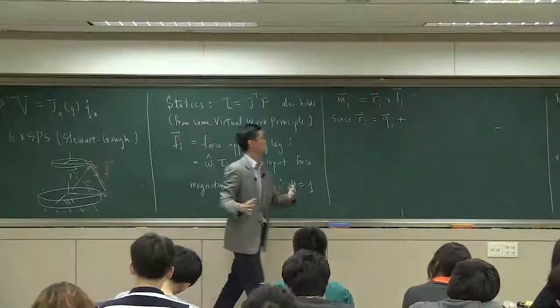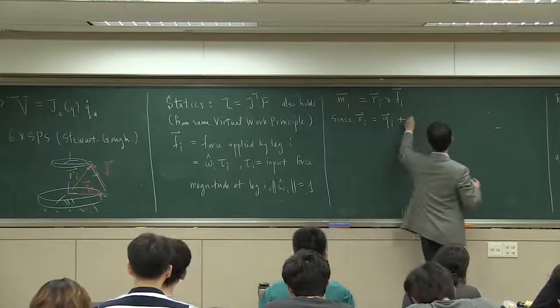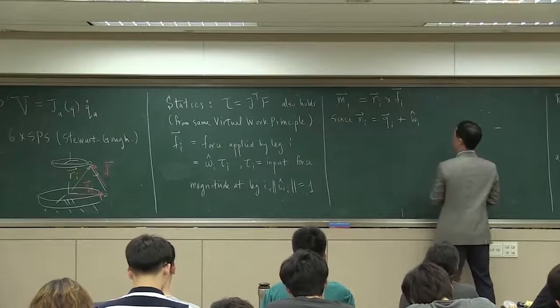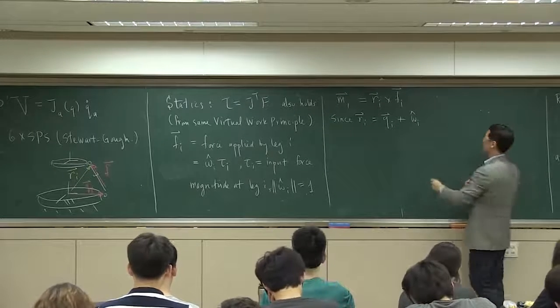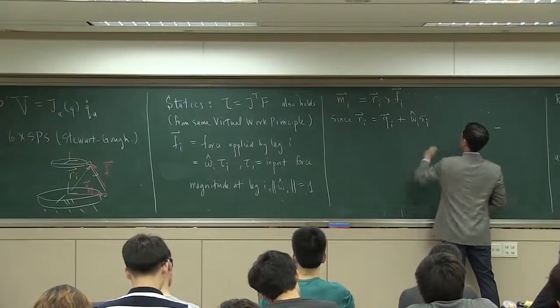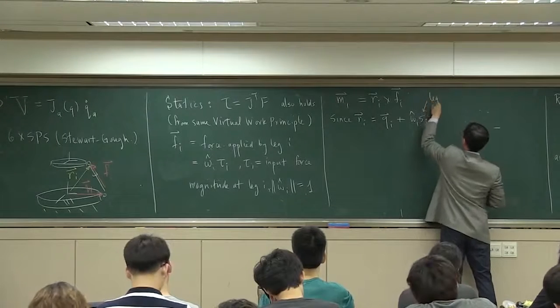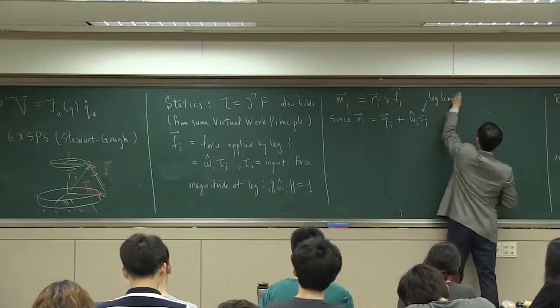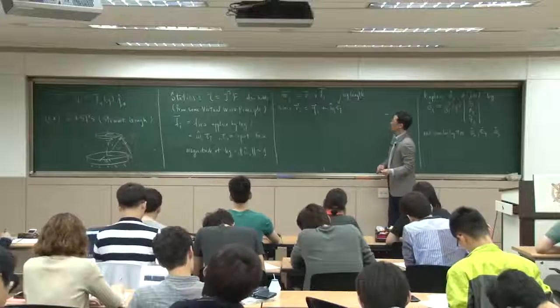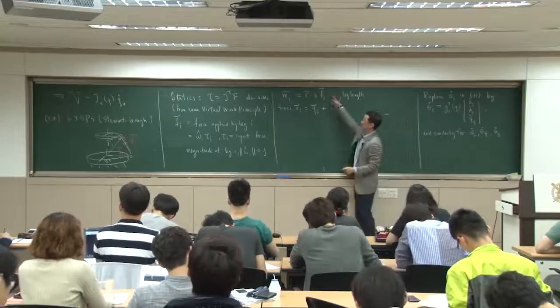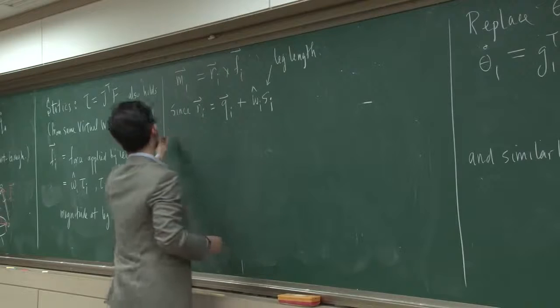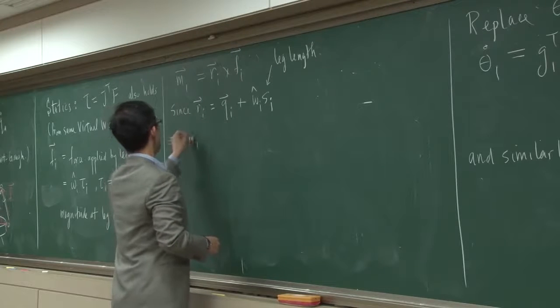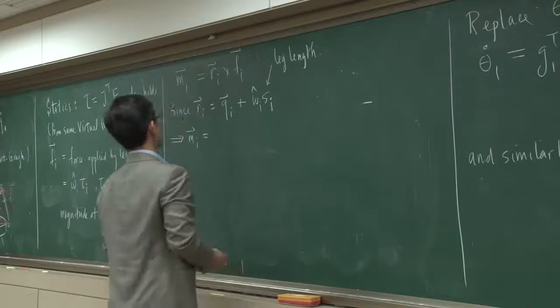The direction we said is omega i, and the leg length, let's call it s sub i. Okay, so s sub i is the leg length. We can put that in here, and you can almost get this by inspection.